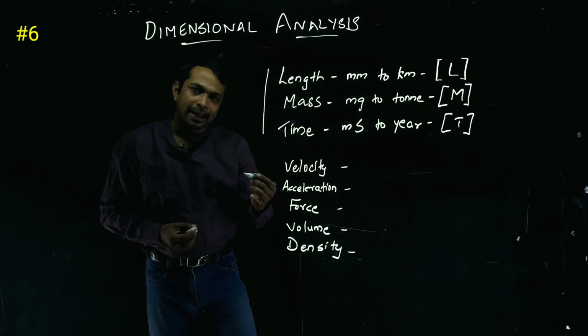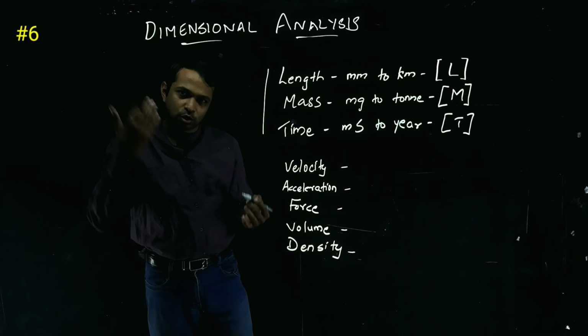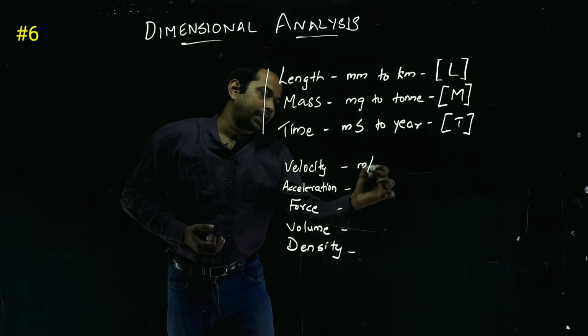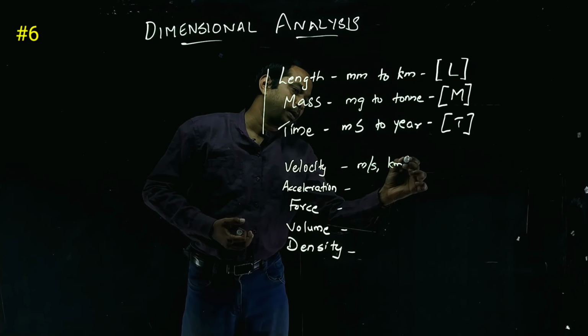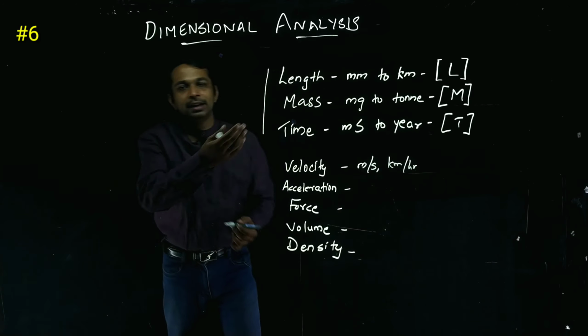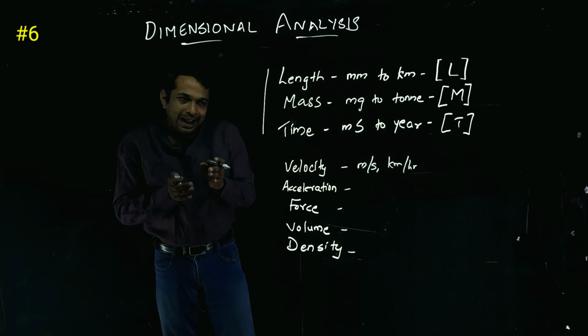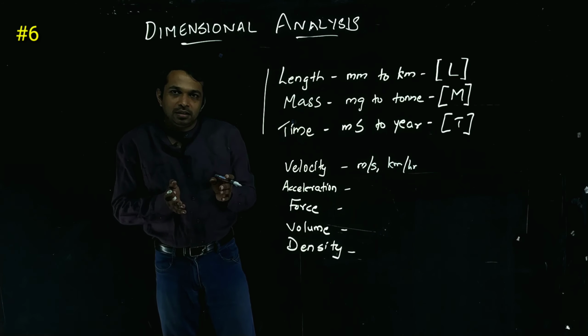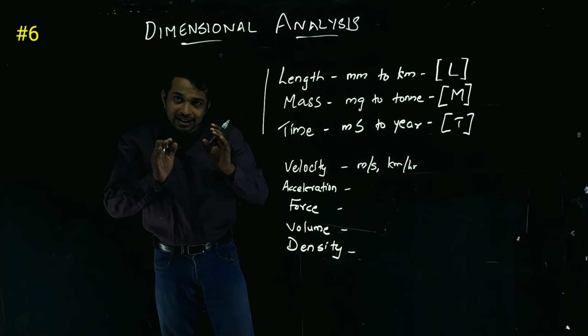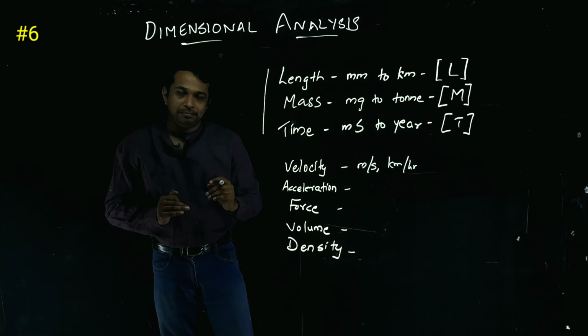We know we can represent velocity in so many ways, in meter per second or in kilometer per hour, or there are many other units. In all these cases, what does velocity actually mean? It is the distance by time, right?